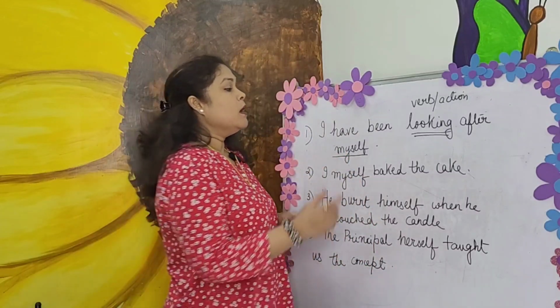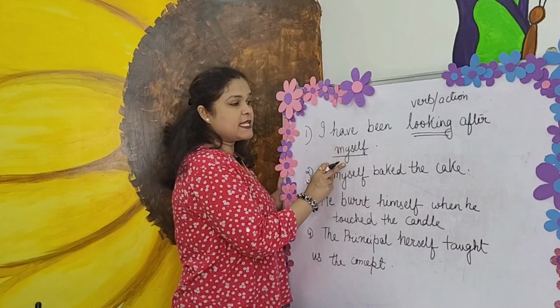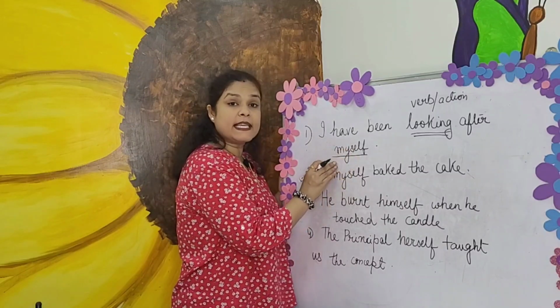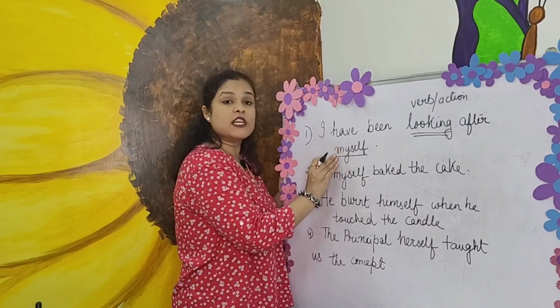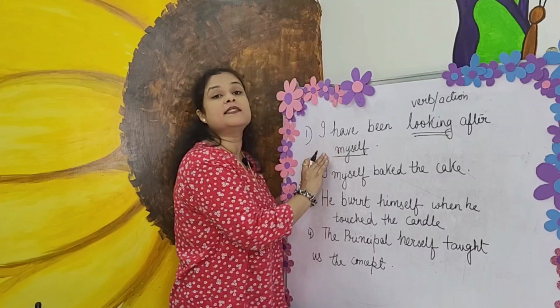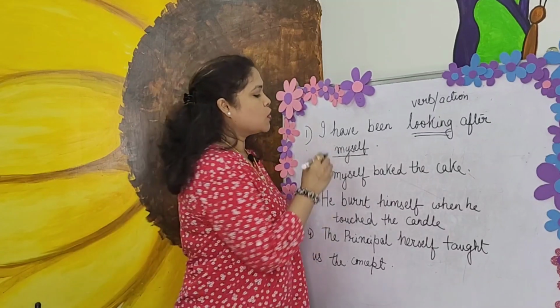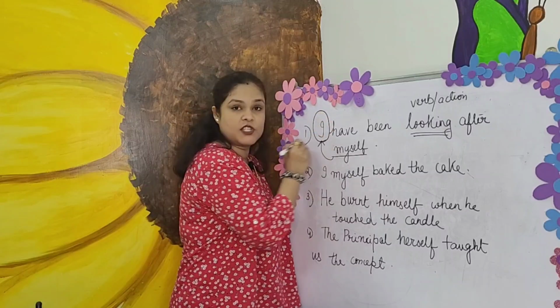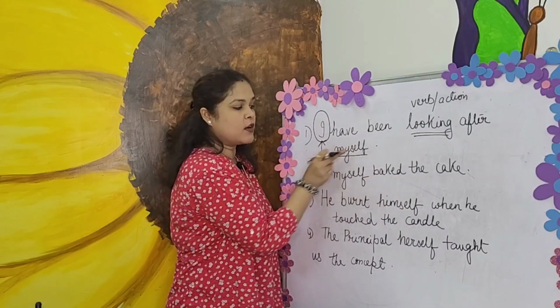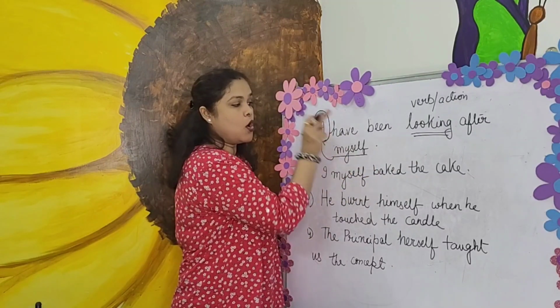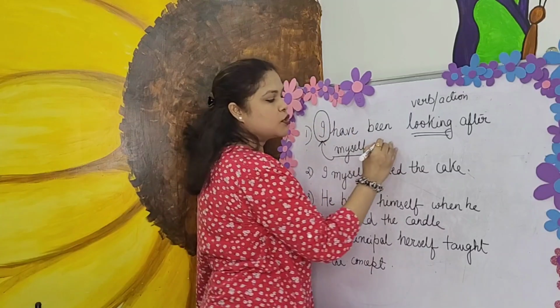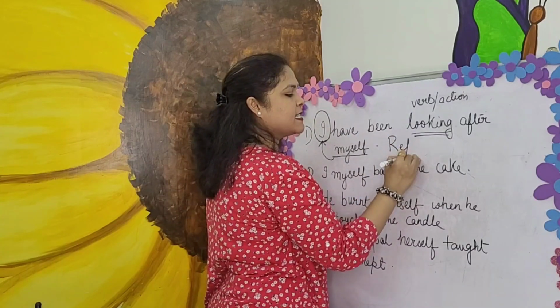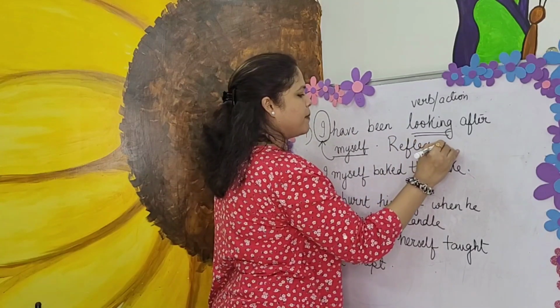Point number 3, myself is basically indicating the action which is being done by the subject on itself. So here, myself is directly on the subject and looking after is the action which is done on the subject. So it proves that it is a reflexive pronoun.